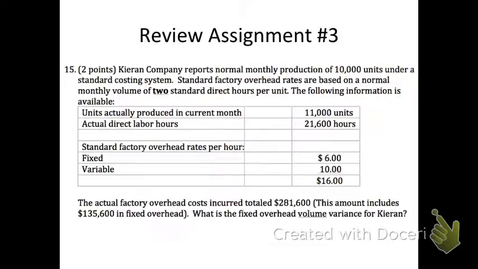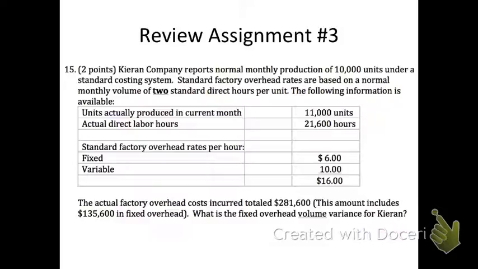Number 15 is your volume variance, and so this is something that you will need to consider being able to calculate, because I think I mentioned after the second midterm that you will see a problem where you have to calculate the volume variance. And so the key here is the volume variance is part of the fixed overhead variance.